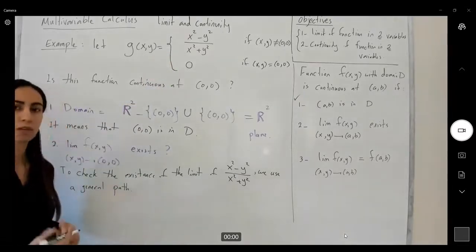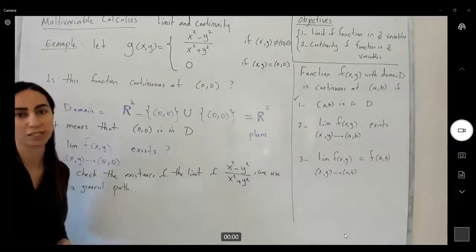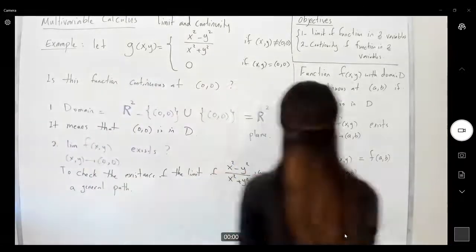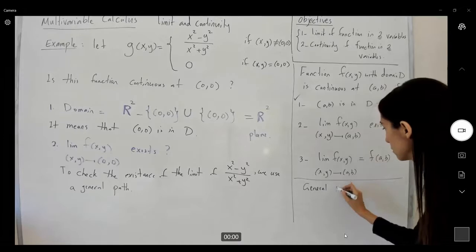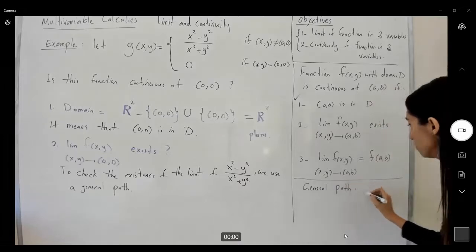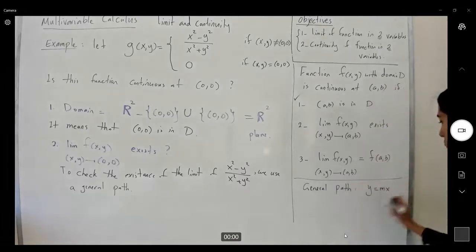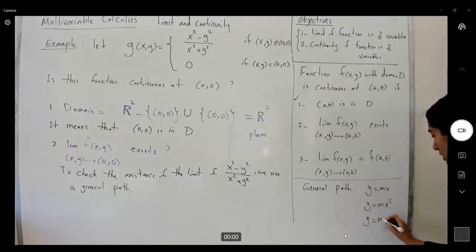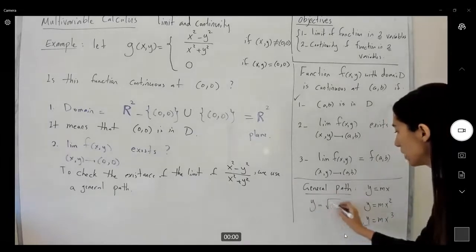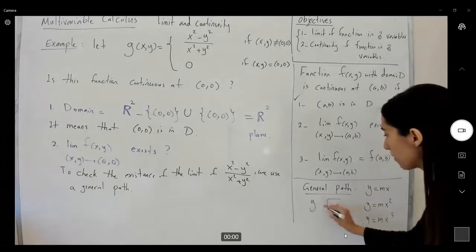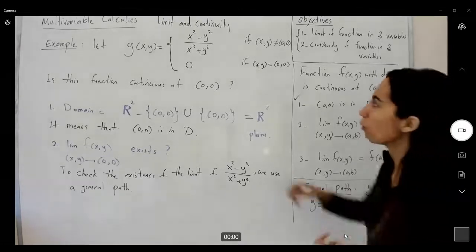One path, remember that we have different choices, many choices. A general path can be of the form y equals mx, y equals mx squared, y equals mx cubed. It can be y equals square root of mx. Any path that passes through the origin.